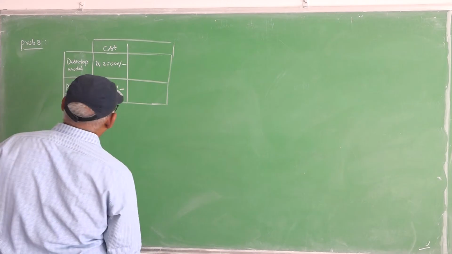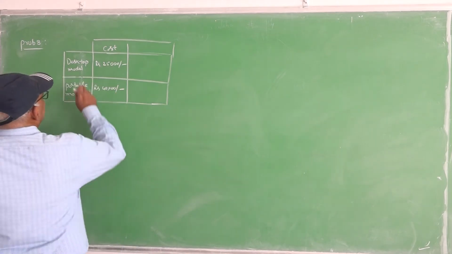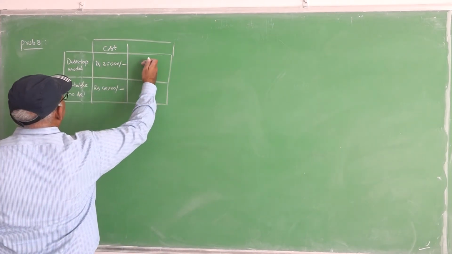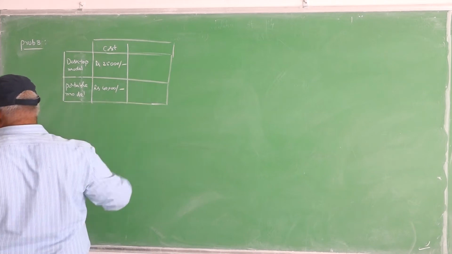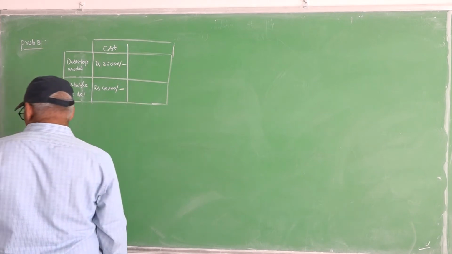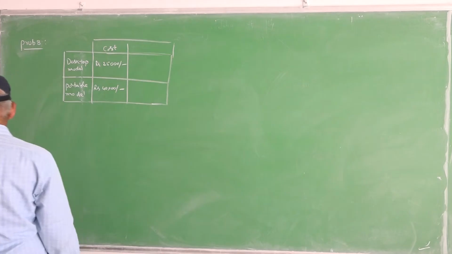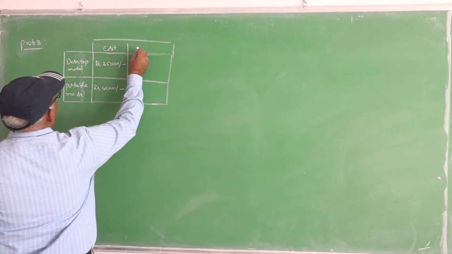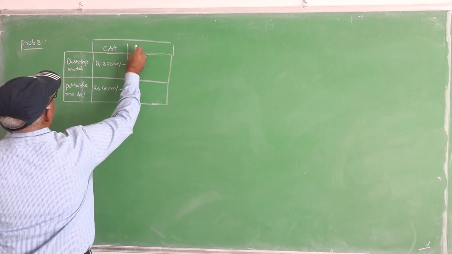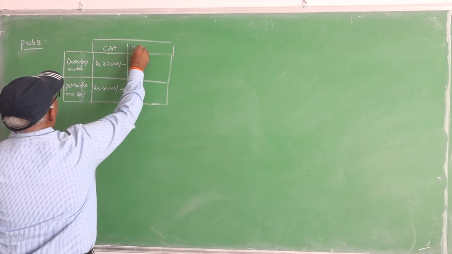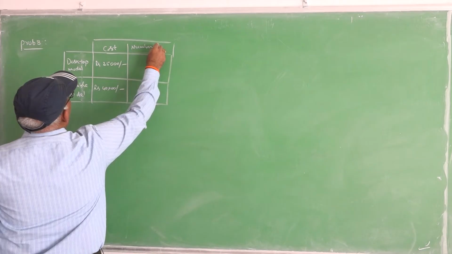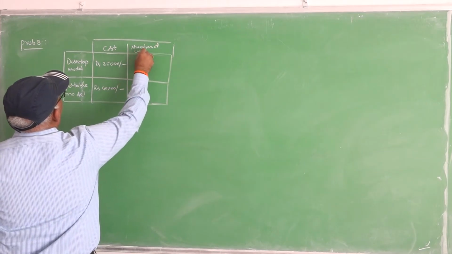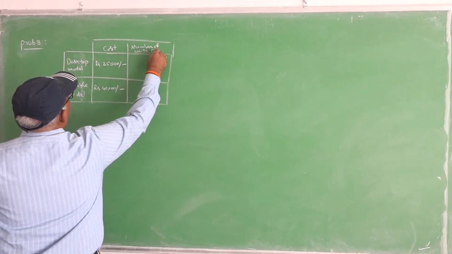And number of units, desktop model units, let us suppose X, and these to be Y. You can take like this: cost, number of units to be sold.